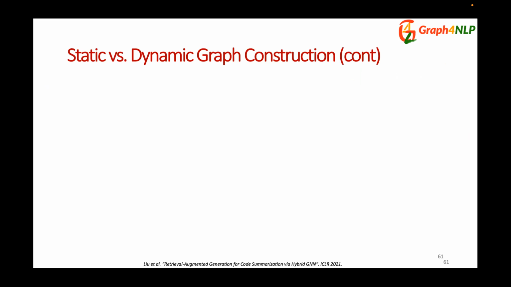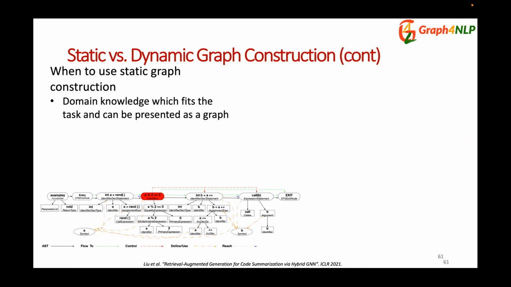Now it comes to the question: when to use which? Based on our study and practice, we think it's best to use static graph construction when we have domain knowledge at hand which fits the task and can be represented as a graph.